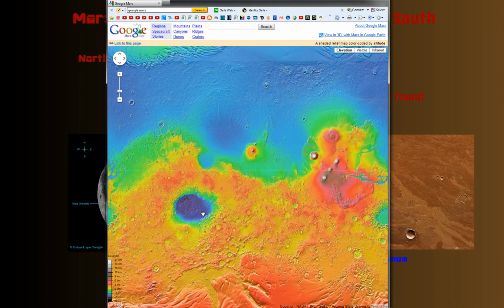You can see, interestingly enough, that in all these higher regions, you get what is actually the deepest part of Mars. It's kind of an irregularity, whereas the rest of the lower lands are up in the north.